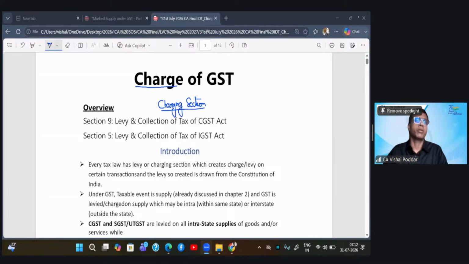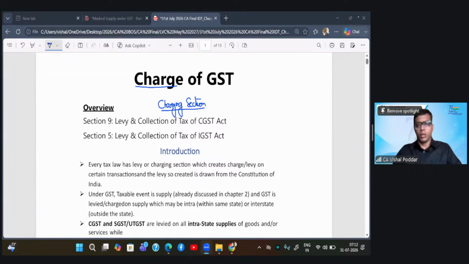And then the explanation to this clause further said that they will be deemed to be a supply irrespective of any contrary judgment of the court.